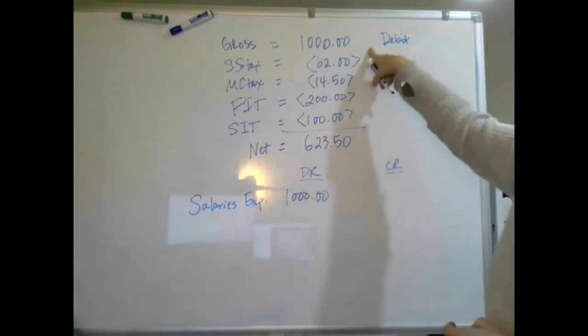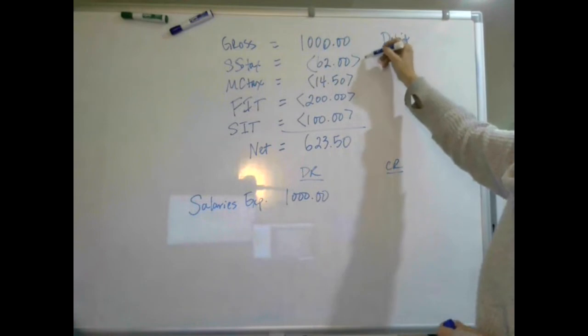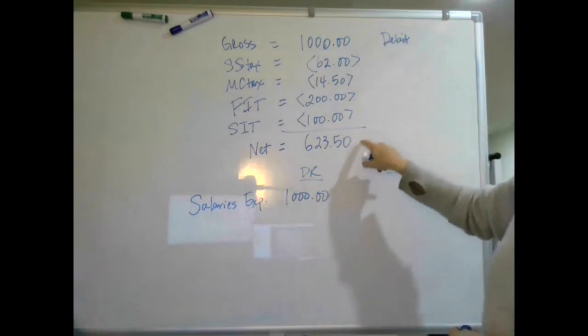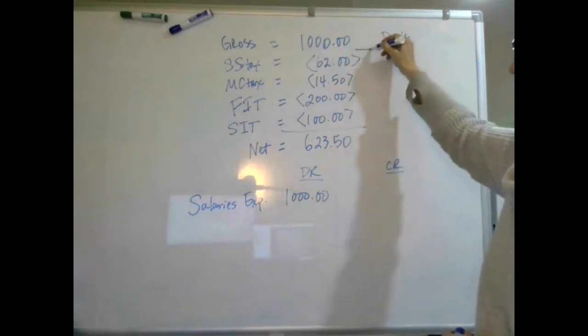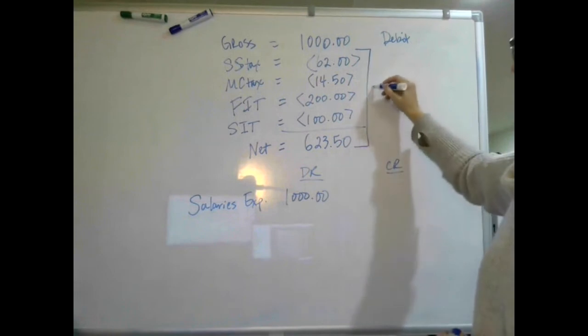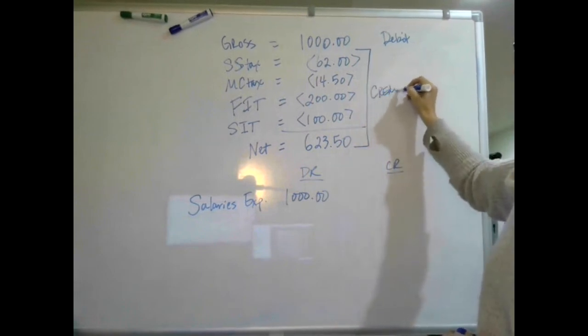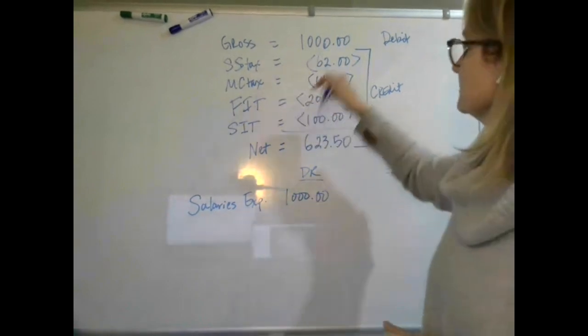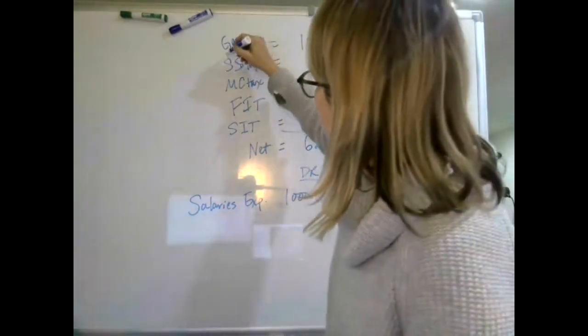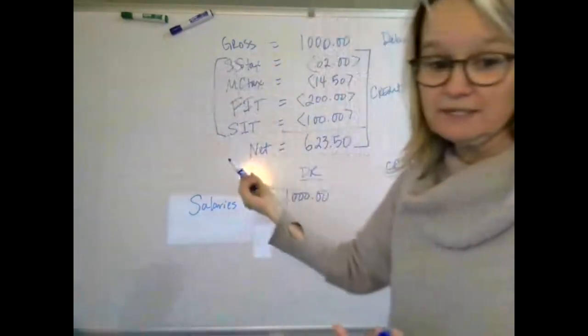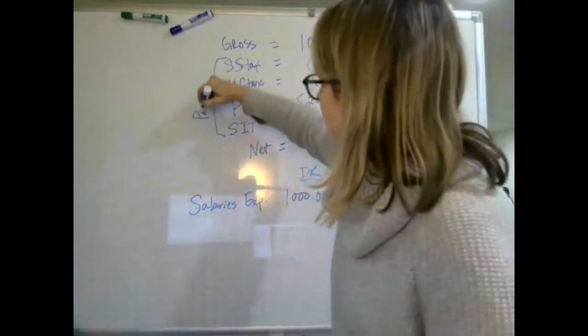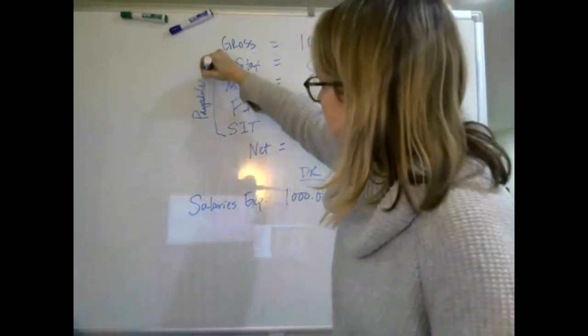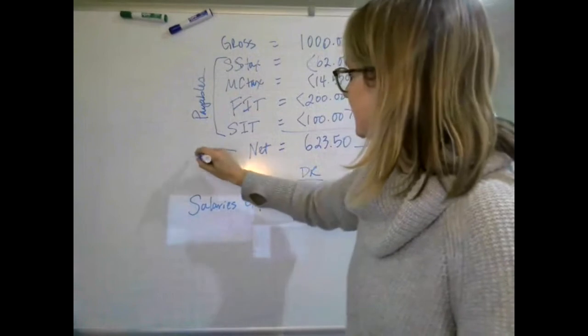So salaries expense is going to be debited. All of the rest of these, including the net amount, are going to be credits. These amounts here are payables, so they're liabilities, and this is cash.